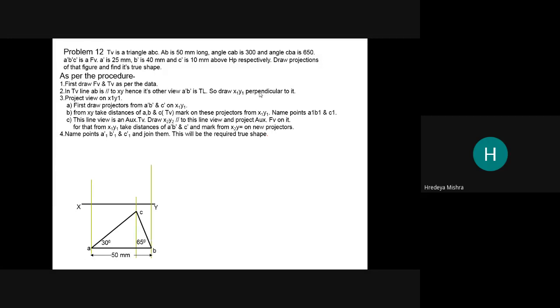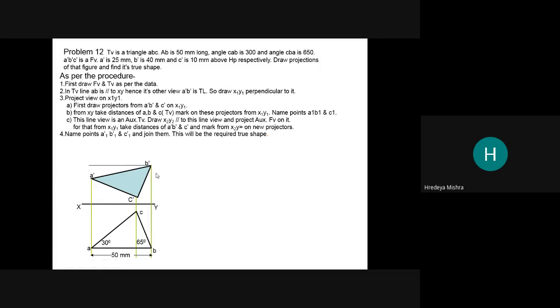Now draw the projection and see. You get the name because the distance is given here. See here, A is how much? 25, B is 40 and C is 10. So this is 10 and 25 and 40.